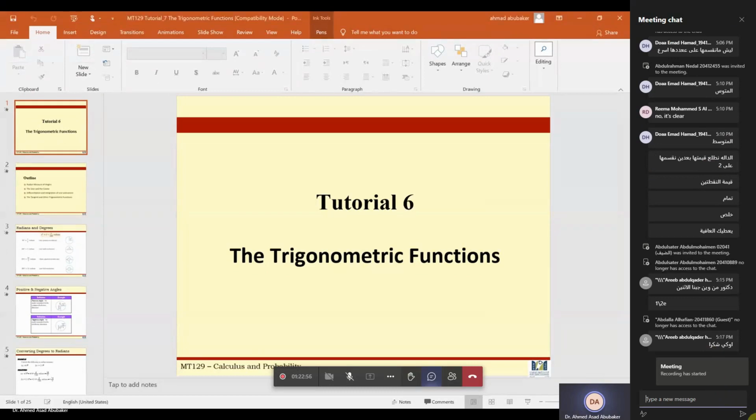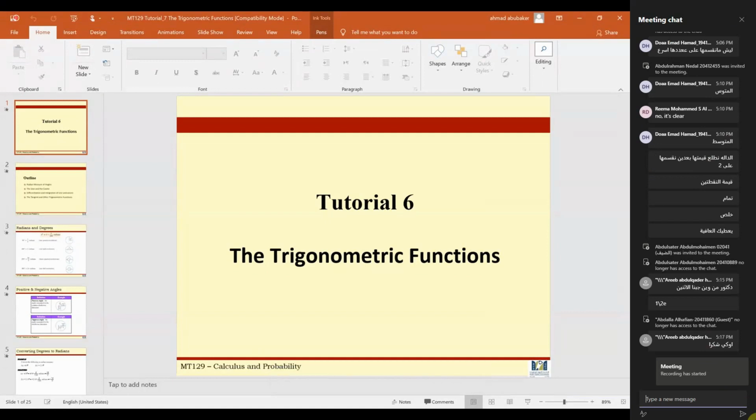Okay, now the trigonometric function. Firstly, we need to convert the measure of angle from radian to degree or from degree to radian, because we have two methods for measuring any angles.